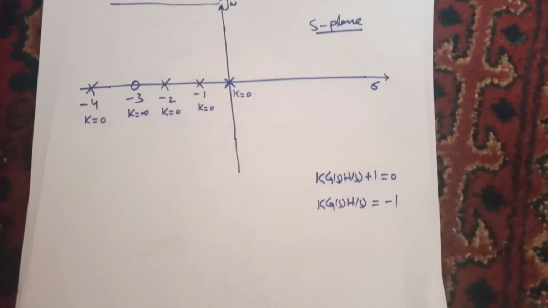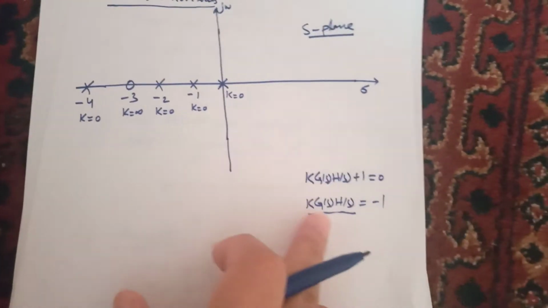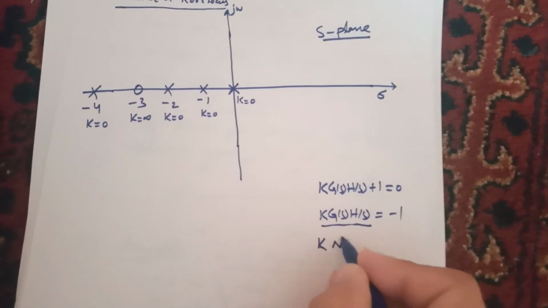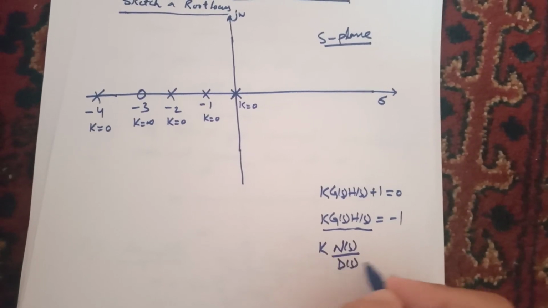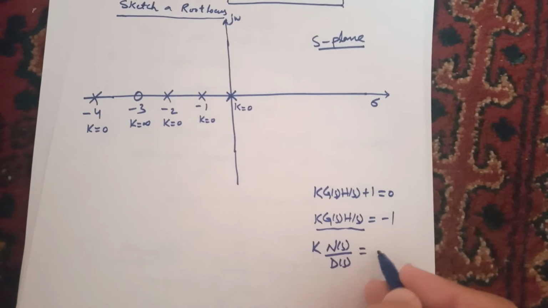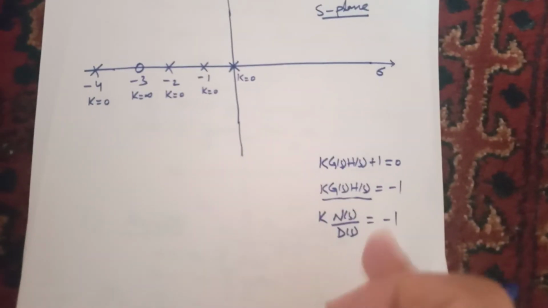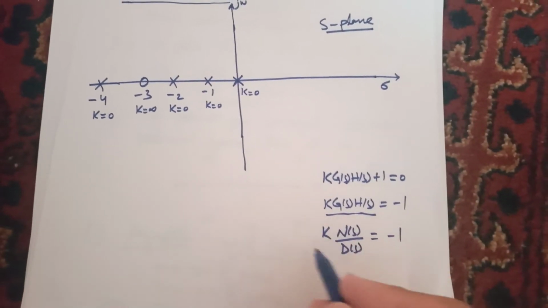Now for this one we are looking at this side, and we assume that this is equal to some numerator and some denominator, and assume that this is equal to -1. Now to calculate the poles and zeros we have to get some values here.